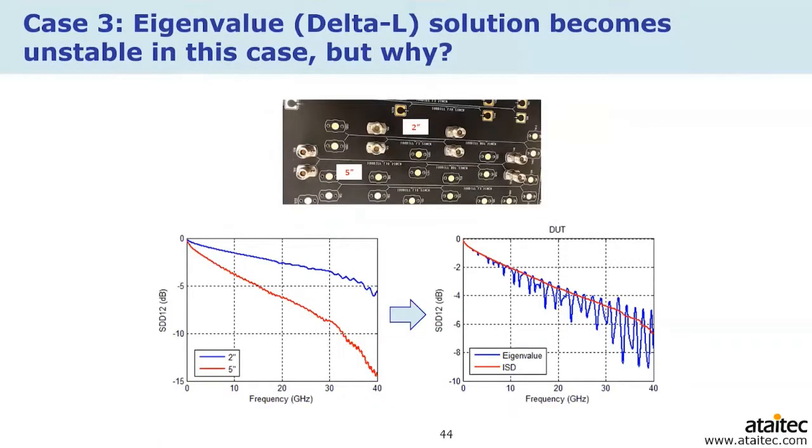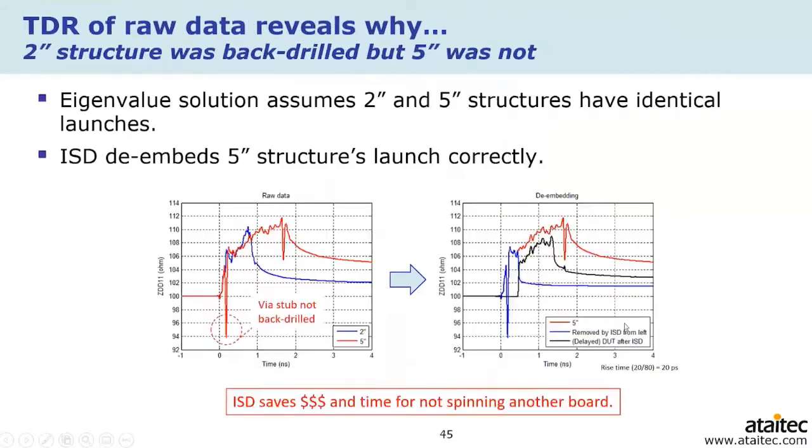Now, in this case, the delta L or eigenvalue solution becomes very unstable. Again, we are trying to embed a 2-inch trace from a 5-inch trace, right? And the delta L solution becomes totally unusable. But ISD results are still nice and smooth. And how did we do it? What is the reason? It turns out, in this case, the short trace was back-drilled, but the long trace was not back-drilled.